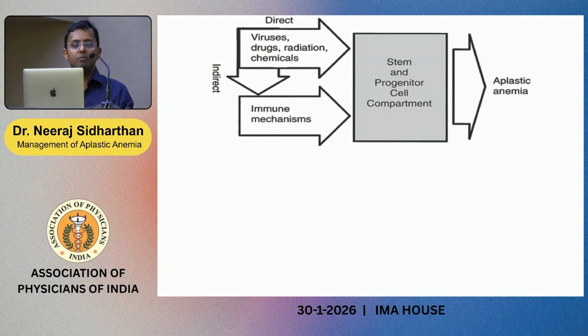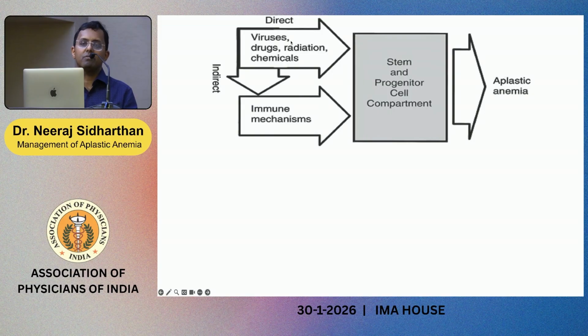So, as I mentioned earlier, how does this attack on stem cells occur? You could have a direct attack on the stem cells with viruses, radiation and chemicals, or it could be immune mediated.